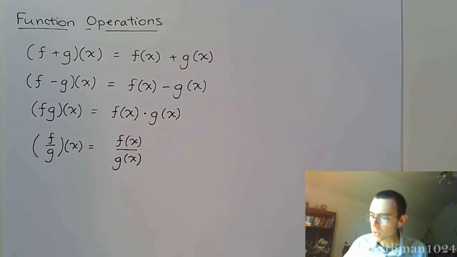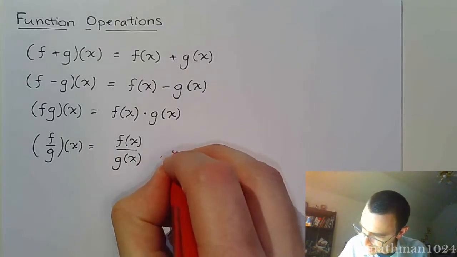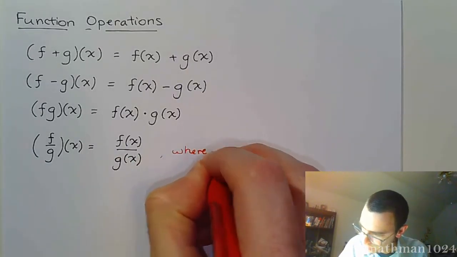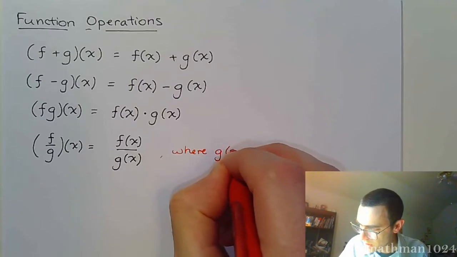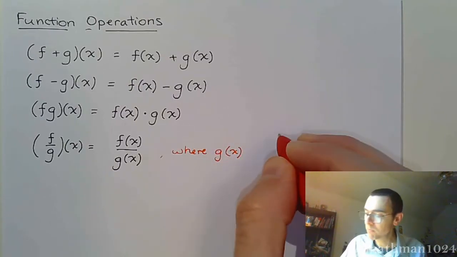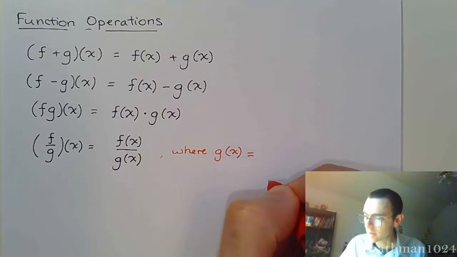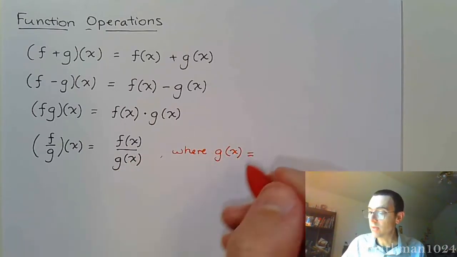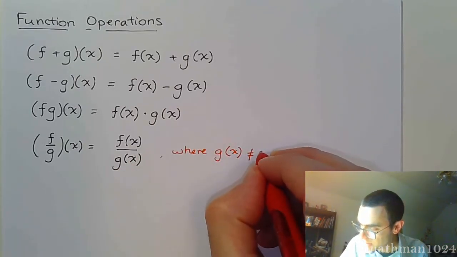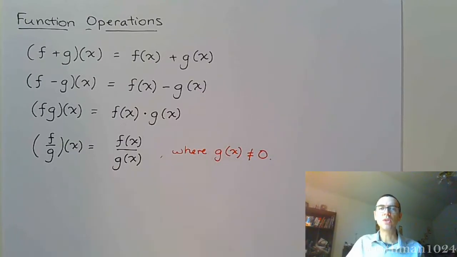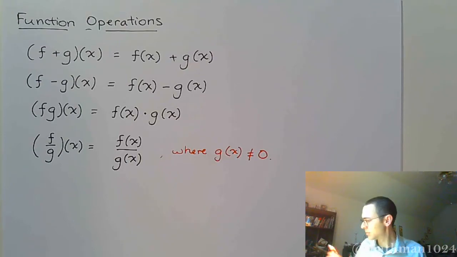However, we've got to make sure that we pay attention to this. There is a condition here that when we have the division of two functions like this, the denominator, that g(x) function, cannot be the zero polynomial. So as long as we're not dividing by 0, everything's going to be okay.